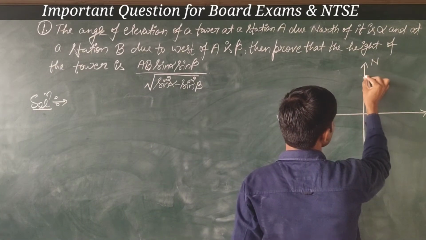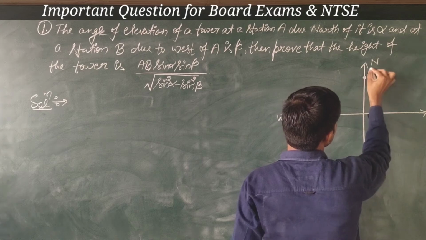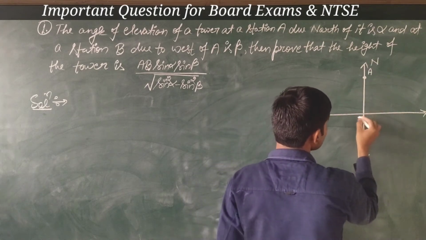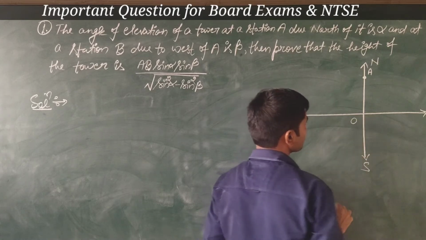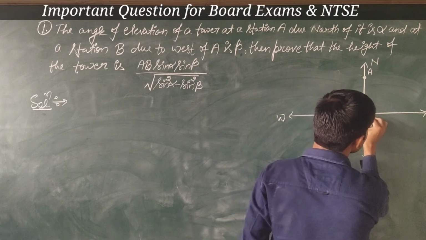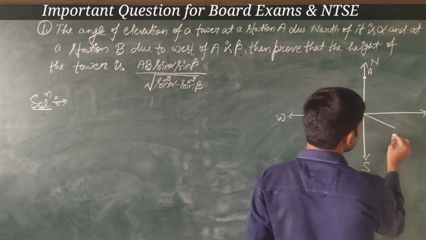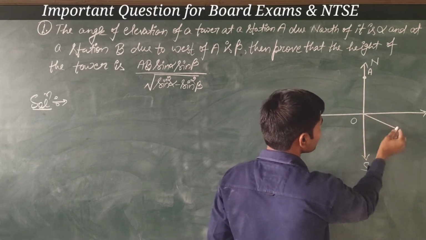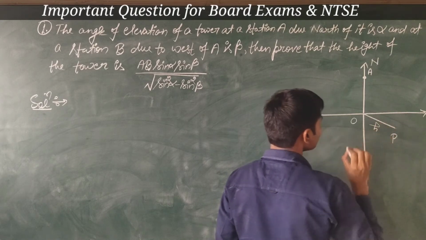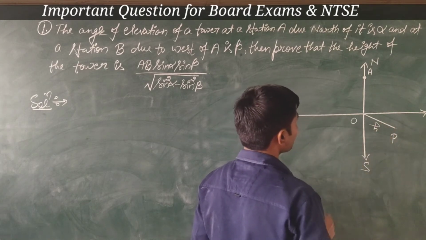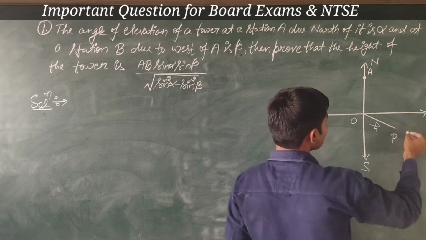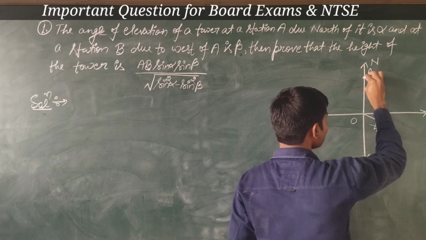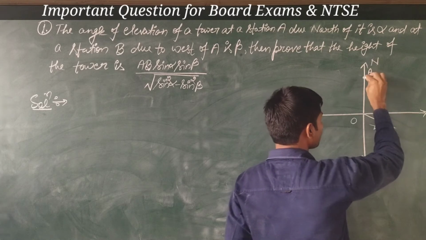Let's suppose here is the station A, and this point is origin O, and suppose this is a tower. We take P as the point, and OP is the tower. Let's suppose small h is the height of the tower. We are given the angle of elevation of the top of the tower is alpha from the station A. Station A is in the north direction.